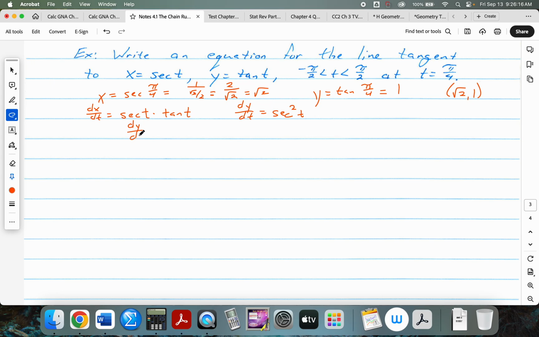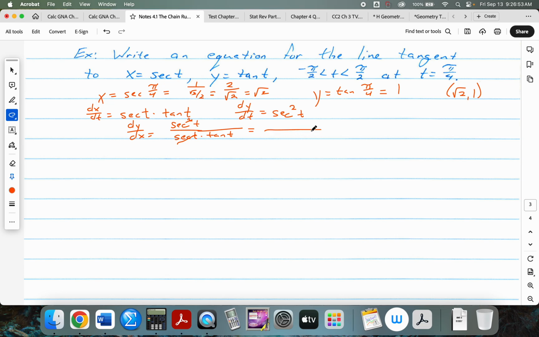So dy dx is going to be secant squared of t over secant t tangent t. Since secant t is a factor of both the numerator and denominator, I can divide those out. And if you want to, you can rewrite it. Secant is the reciprocal of cosine.